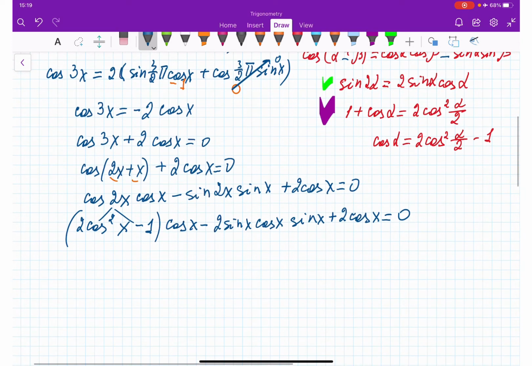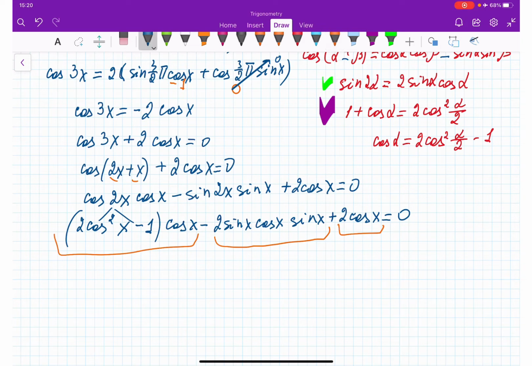Okay, so we have terms here, right? This is one term, this is another, and this is a third term. We have 3 terms. All right. Do we have a common factor in all 3 terms? We have cosine x in all 3 terms, right?